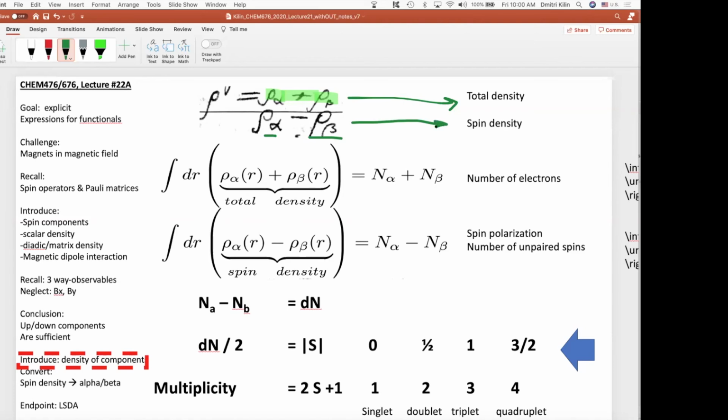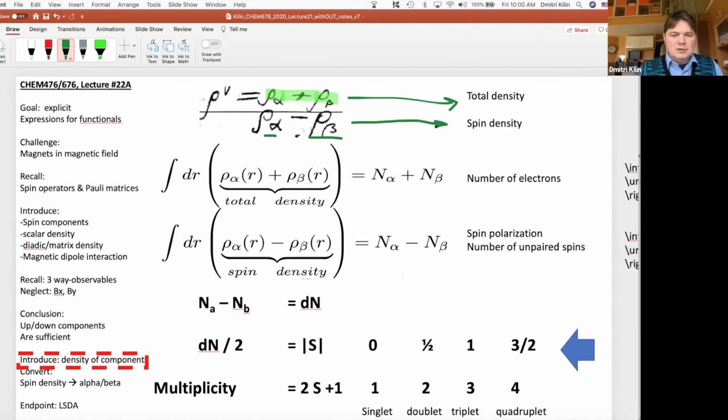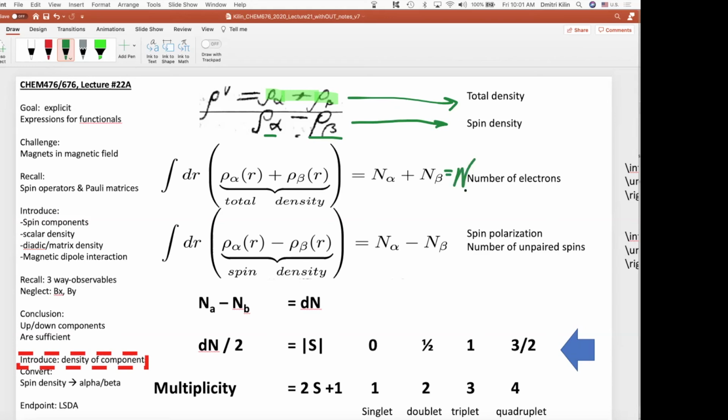So what would be the result of integration of the total density? It's written here. First you integrate rho alpha, the density of the first one, and you will get the total number of alpha electrons.